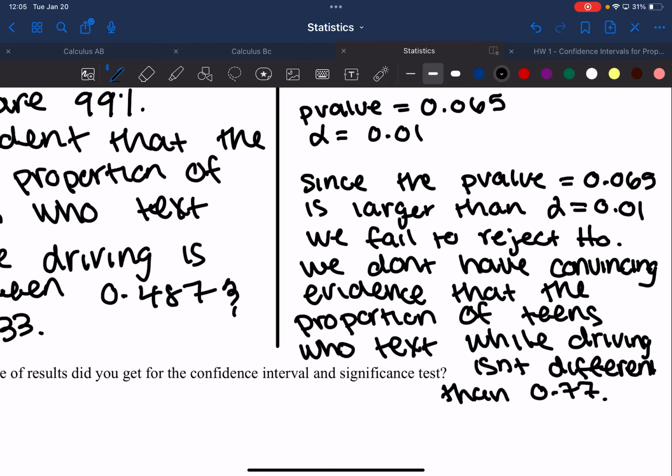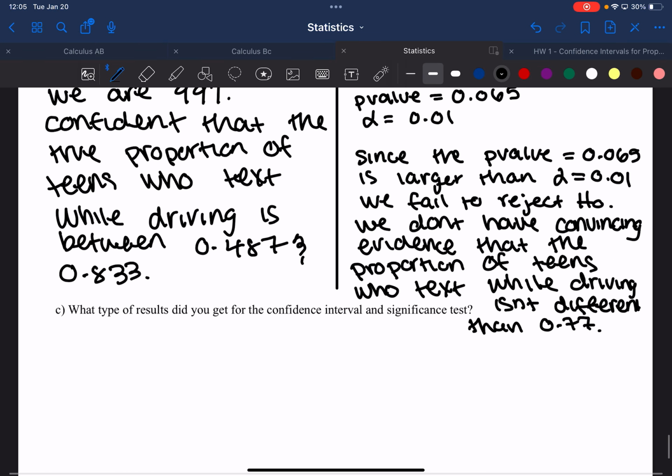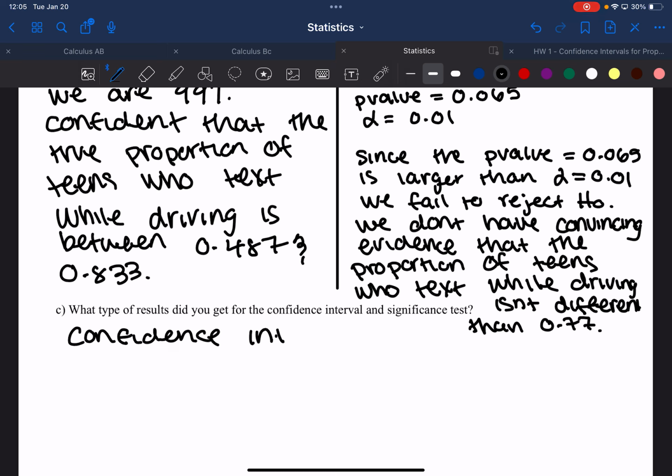Okay. So now what we're going to do is compare what each of these inferences gave us. Like, what did the confidence interval tell us, and then what did the significance test tell us? So for the confidence interval, it gave an interval of all plausible what?